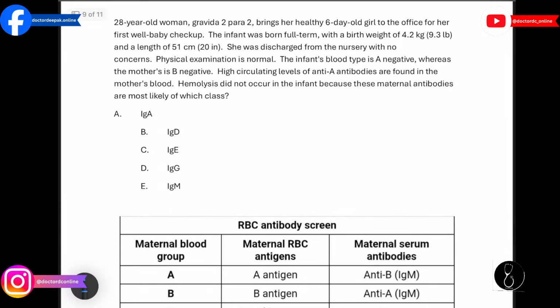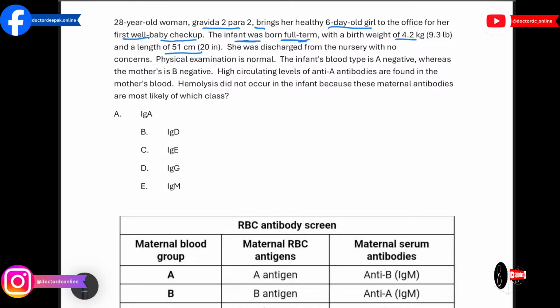Okay, guys? A 28-year-old woman travels to bring her healthy 6-day-old girl to the office for her first well baby checkup. The infant was born full term with a birth weight of 4.2 kg and a length of 51 centimeters.